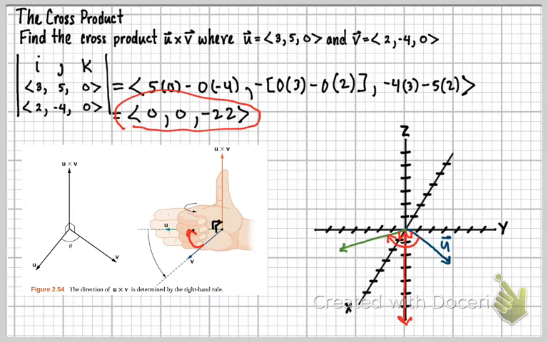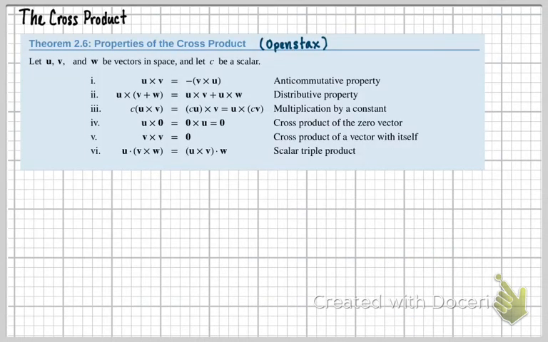So now when we look at the properties of these cross products, what we'll see is that we have a not quite commutative property here, which hopefully makes sense to you now too, because of what we've seen with the right-hand rule.